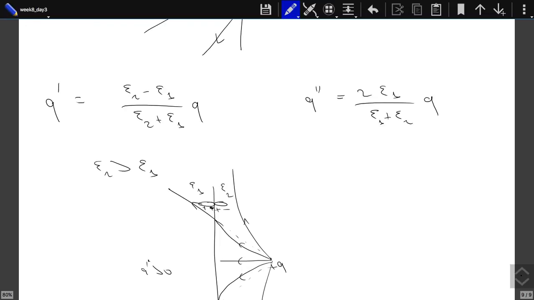So it's easier to separate charges. Either you can say that you separate the charges by equal amounts, but a larger charge separates. So more positive charges, less negative charges. If epsilon 2 is bigger than epsilon 1, this will be more positive than this is negative. So the sum is positive.